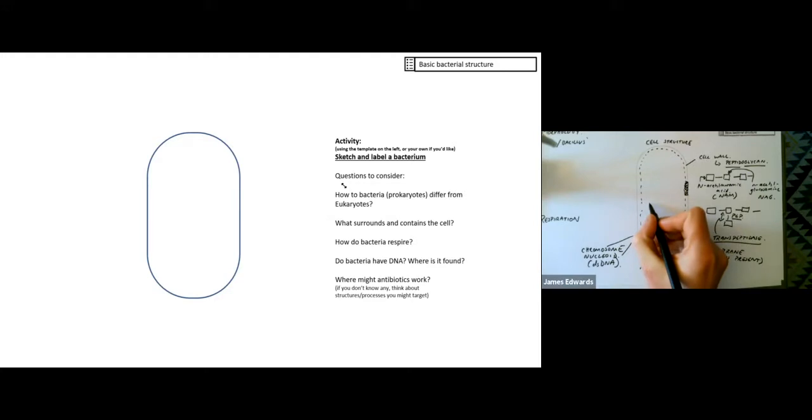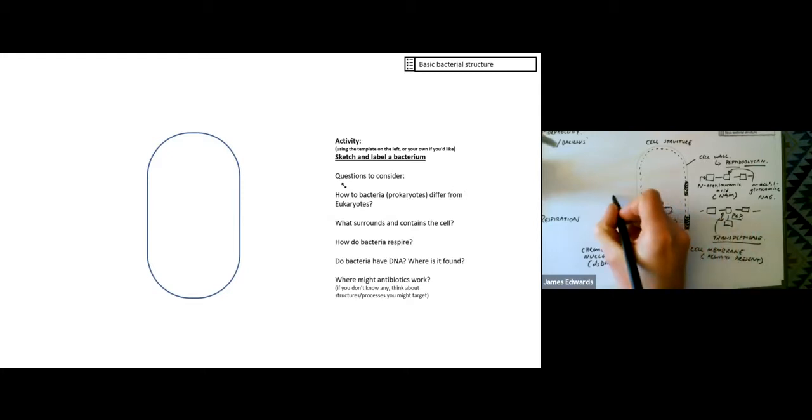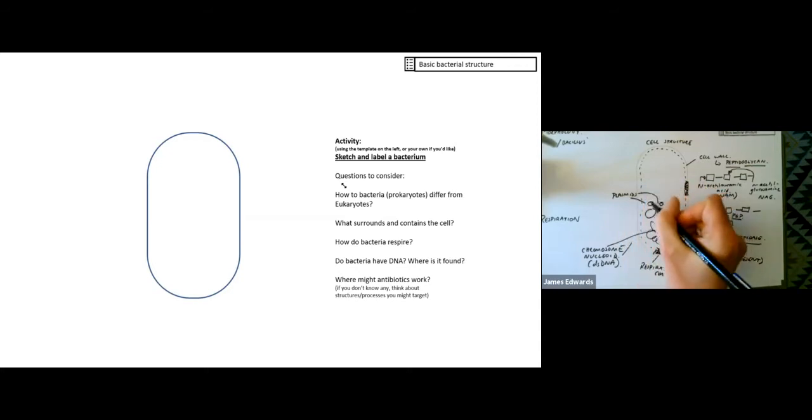In addition, we'll have plasmids. Plasmids are essentially parasitic bits of DNA. They vary from a few thousand base pairs to maybe several 100,000 base pairs.